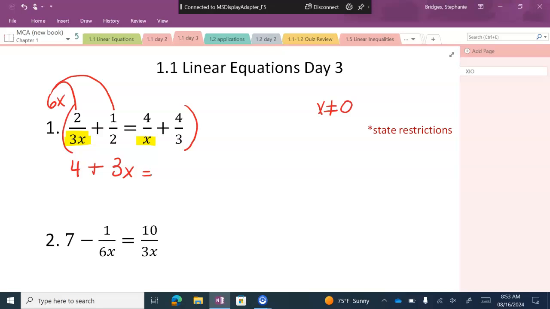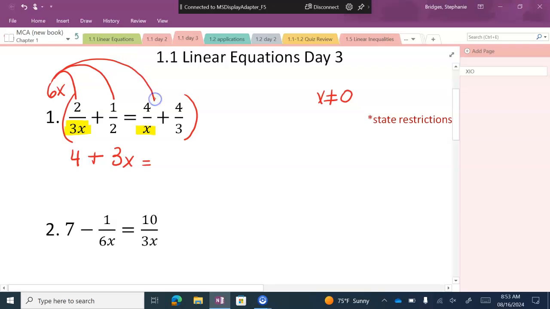Let's do 6x times 4 over x. And the reason I'm putting this first one over 1 is because we can only simplify something at the top with something at the bottom, either in the same fraction or 2 different fractions. But you can't simplify 2 things that are at the top or 2 things that are at the bottom.